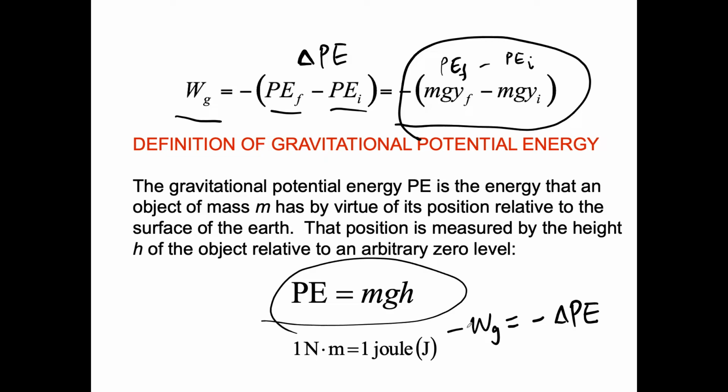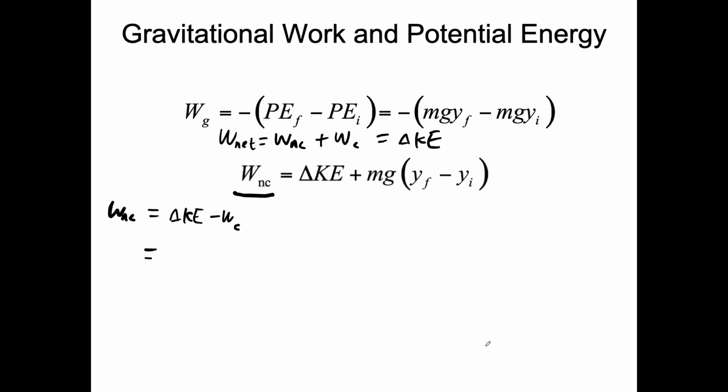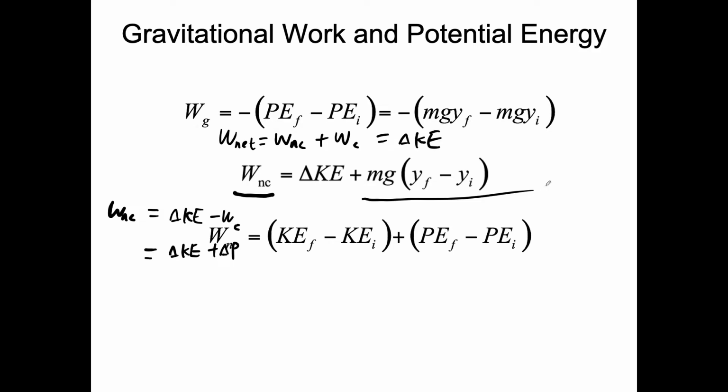Actually, the negative of the work done by gravity is the change of potential energy. And we also verified this by plugging in mgh for potential energy.